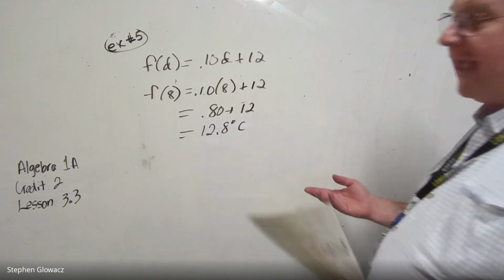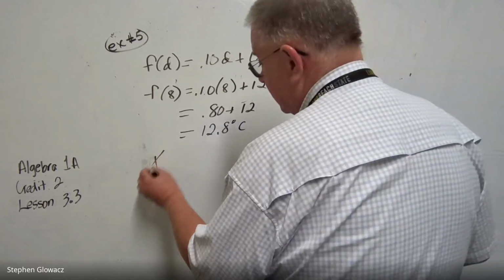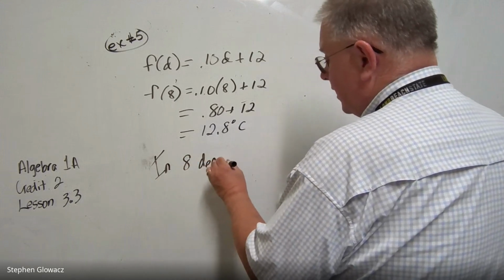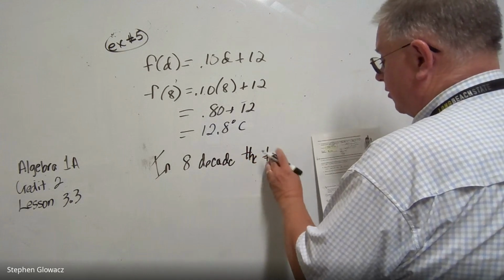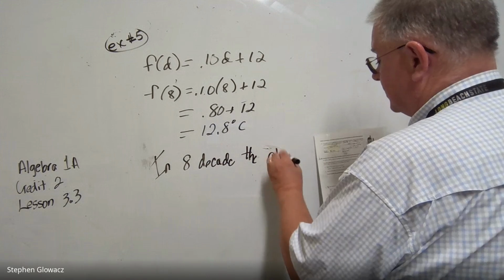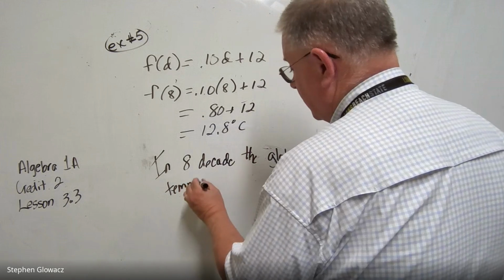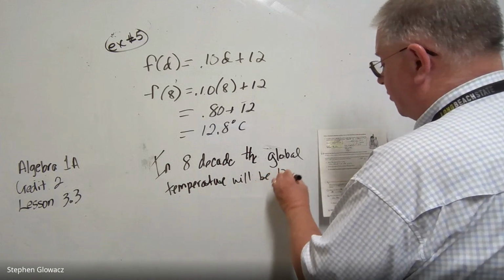So now we got the answer, but what does that mean? That means in 8 decades, according to this example, the global temperature will be 12.8 degrees.